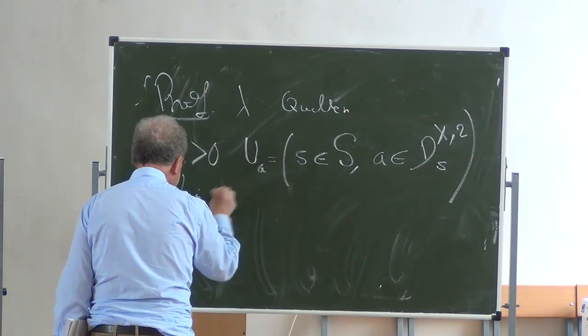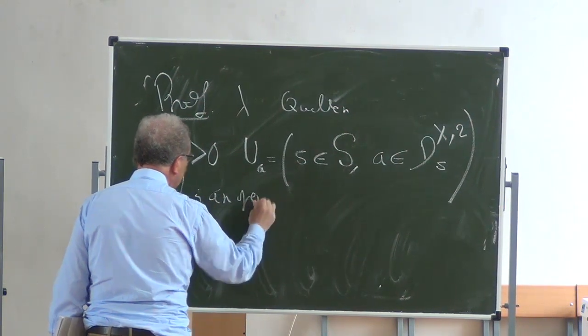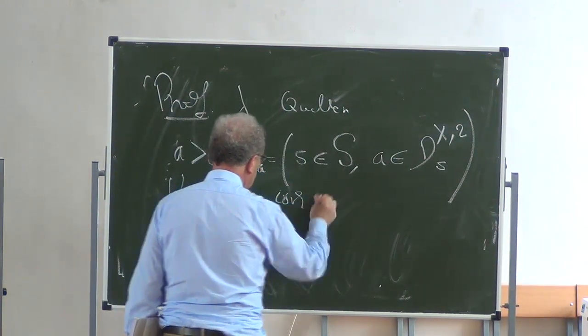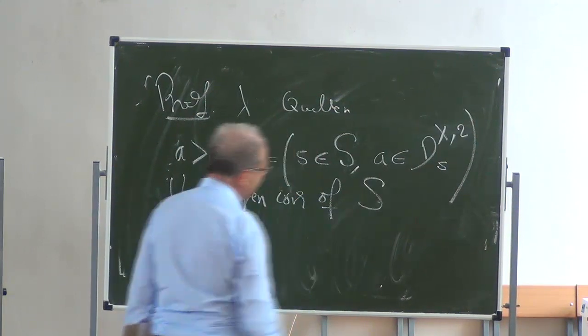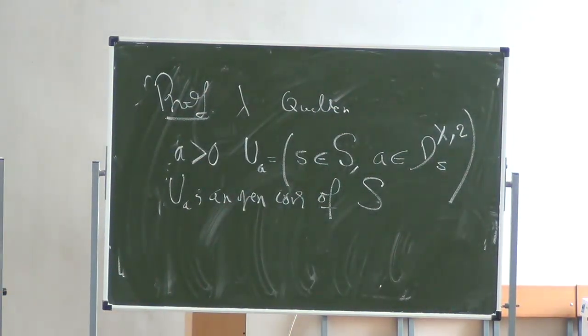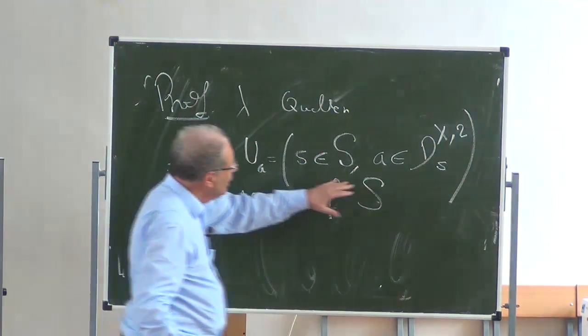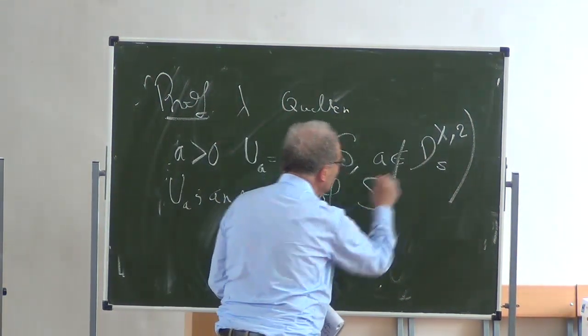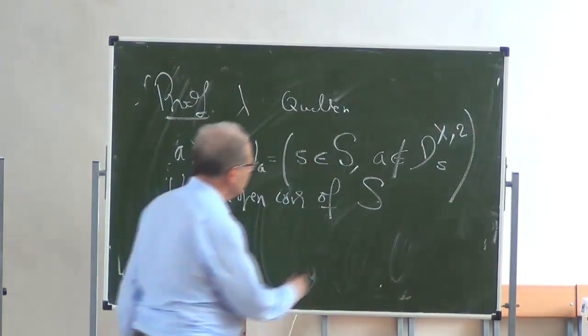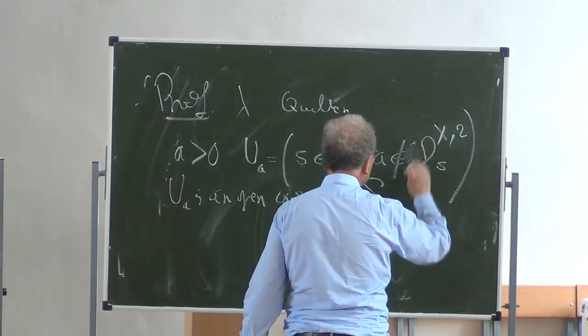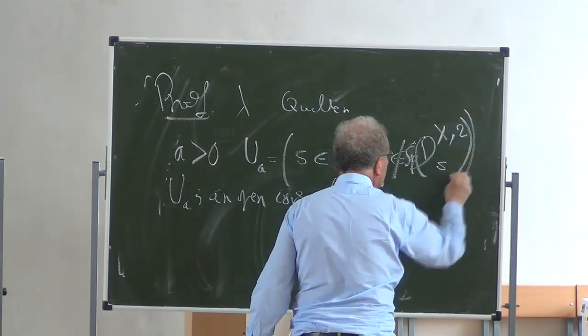So since the spectrum of dx squared is discrete, we know that UA is an open cover of S. It's open because, as I mentioned maybe in one of these night sessions, the spectrum varies smoothly with the parameter. So, sorry, I should say does not belong to the spectrum.